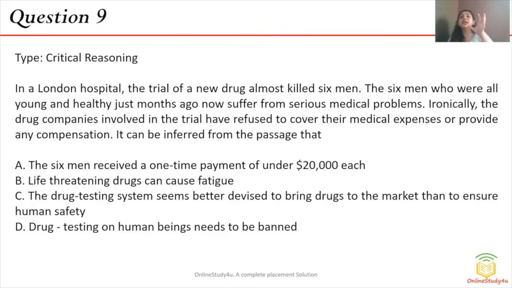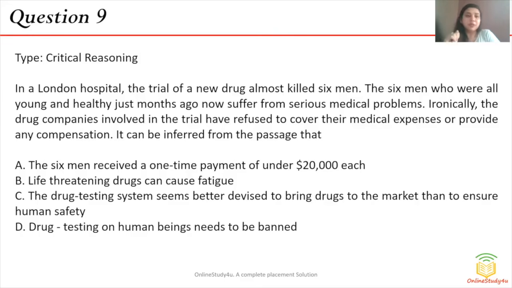This drug has severely affected 6 men who were absolutely hale and hearty earlier, but now they are suffering from serious medical problems. Ironically, drug companies involved in the trial have refused to cover their medical expenses or provide any compensation. So this company has mentioned that they are not going to even compensate them, they're not going to cover their medical expenses.